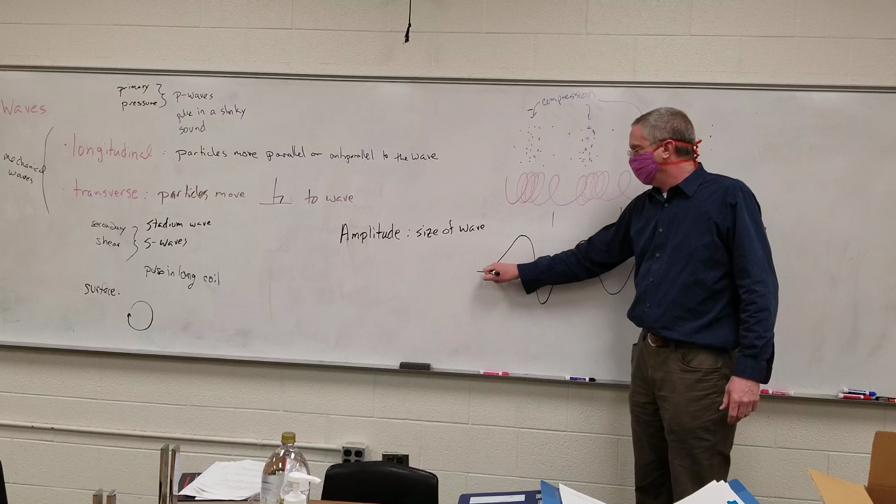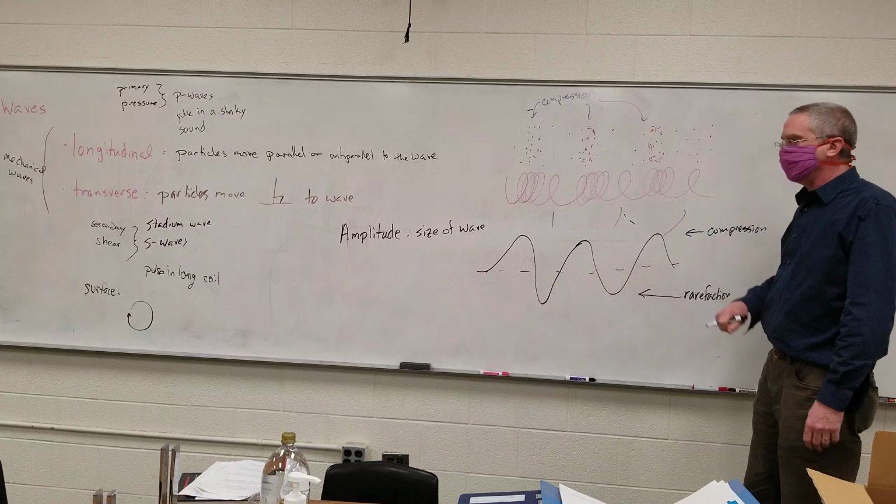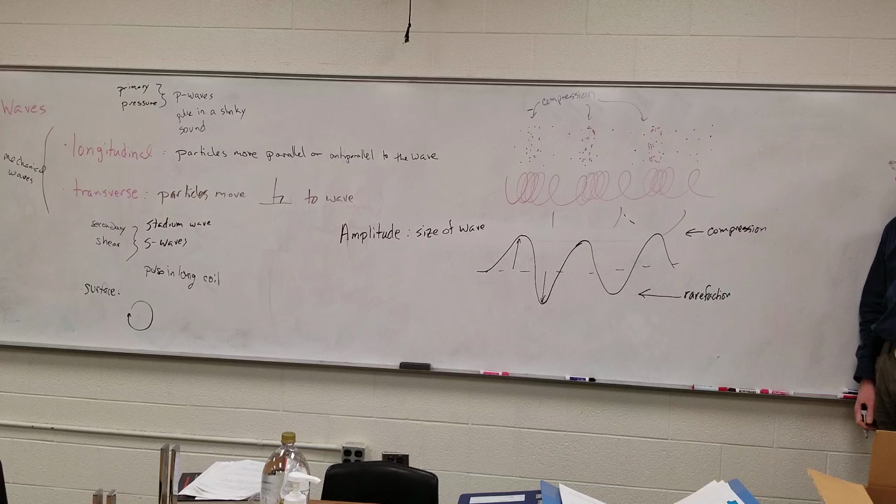More mathematically, if I figured out what the middle is, sort of whatever the middle of my high and low pressure are, for example, amplitude would be from the middle to the peak or middle to the trough. The units of amplitude really depend upon what you're talking about. If it's sound, then the amplitude could be in terms of decibels or bells, or it could be in terms of pressure.